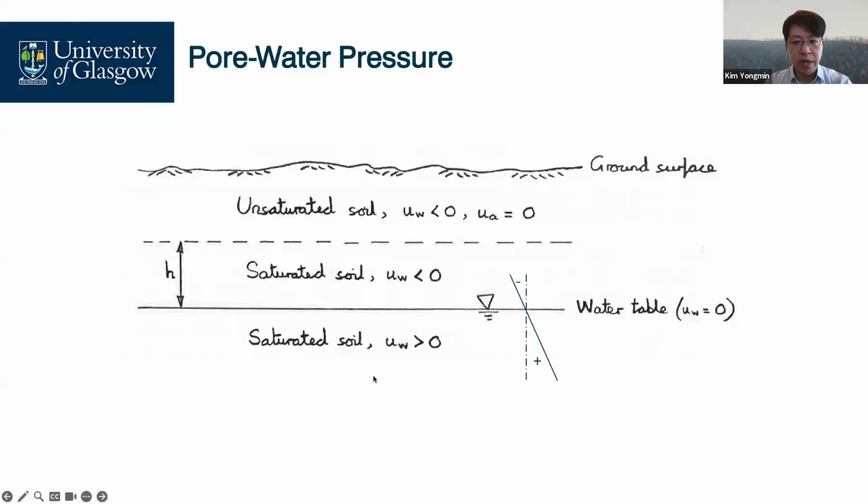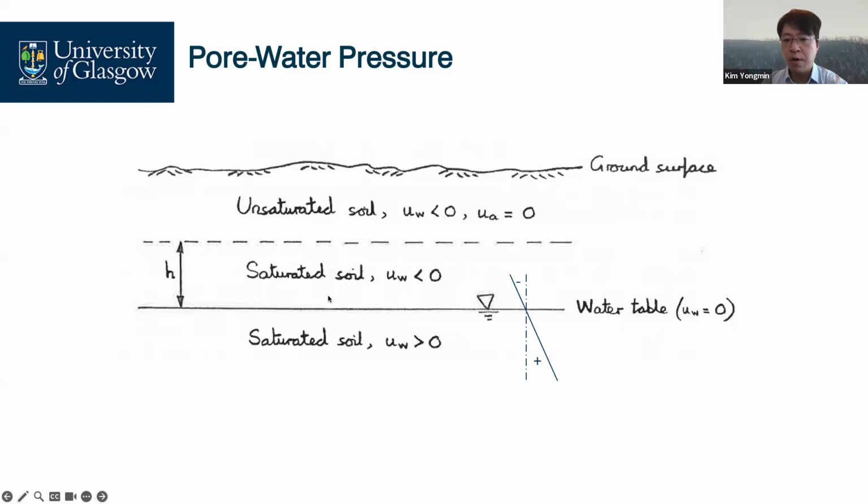So below the groundwater table, the soil is fully saturated, and above the groundwater table, the soil is partially saturated, in other words, unsaturated soil. But let's think about the soil just above the groundwater.